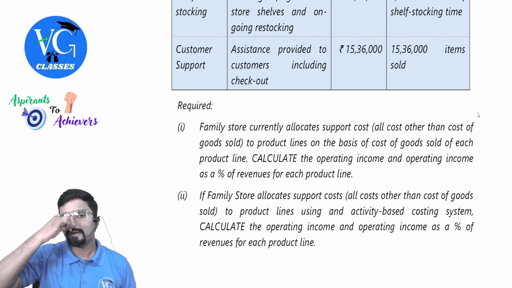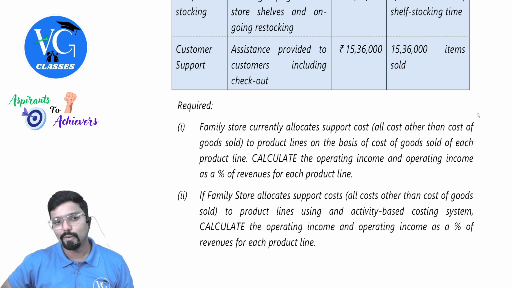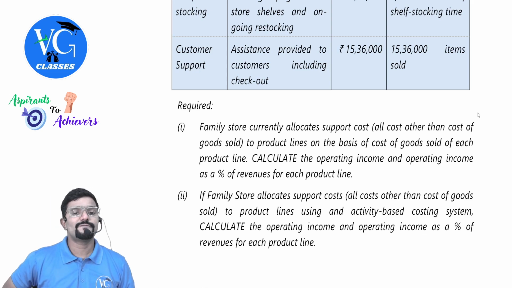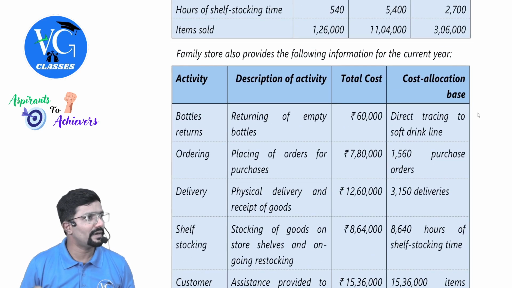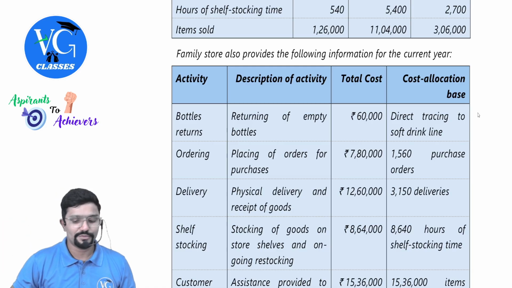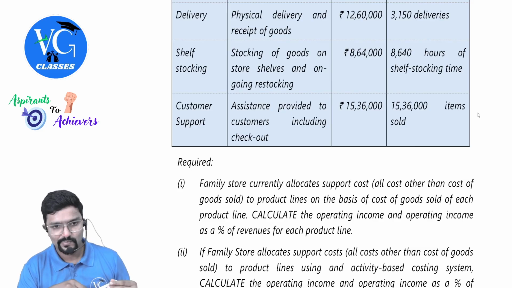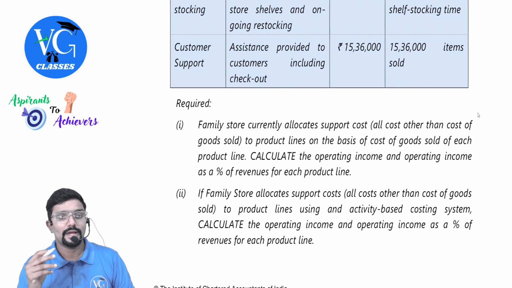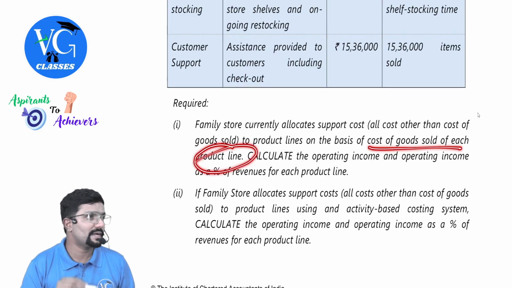Calculate the operating income and operating income as a percentage of revenue for each product line. Next, if Family Store allocates, see, for the first requirement all this is not required. Calculate the total support cost distributed in what ratio? Cost of goods sold ratio. Please be careful, the ratio is taken as the cost of goods sold of each product line.